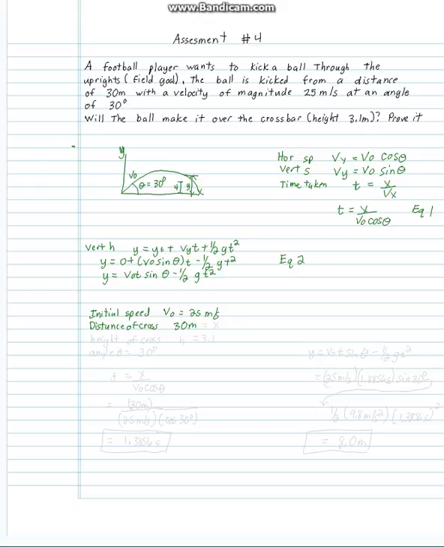The height of the crossbar, which is h, is equal to 3.1. We should make sure that this is x. And then the angle at which the football is kicked, angle theta, is equal to 30 degrees.